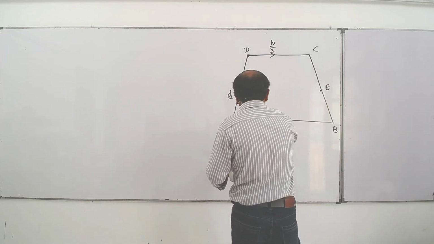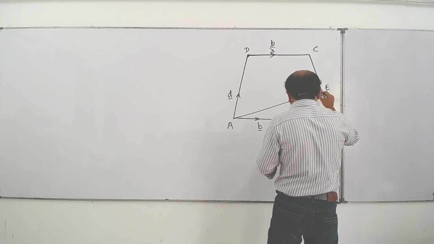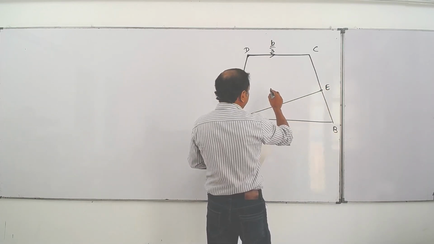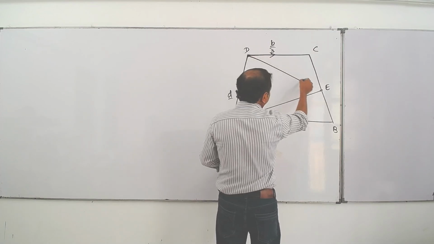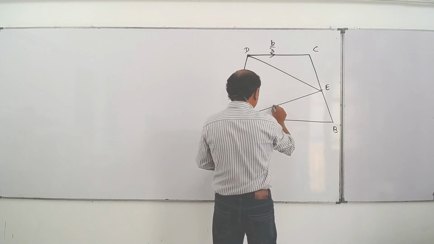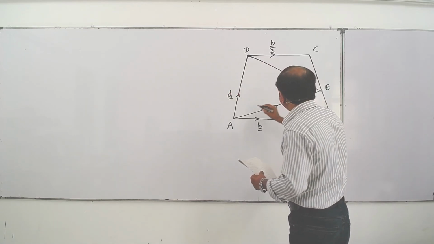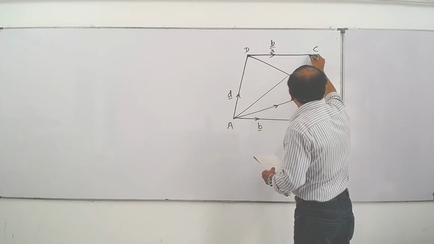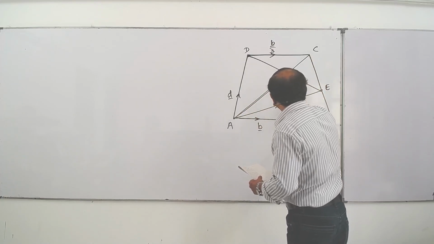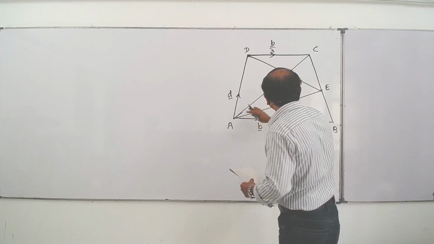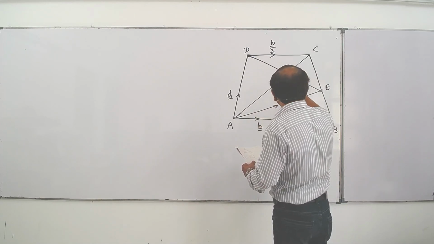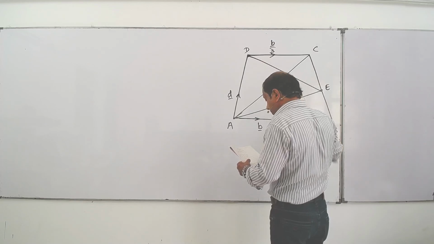AE joined, DE joined like this, and AC, and AX.